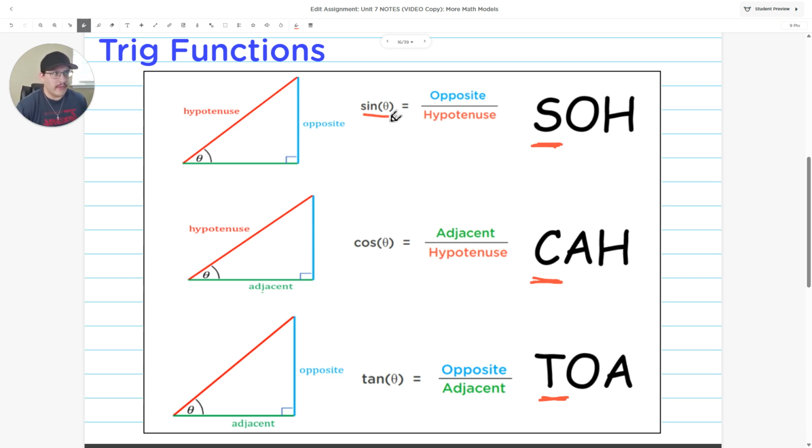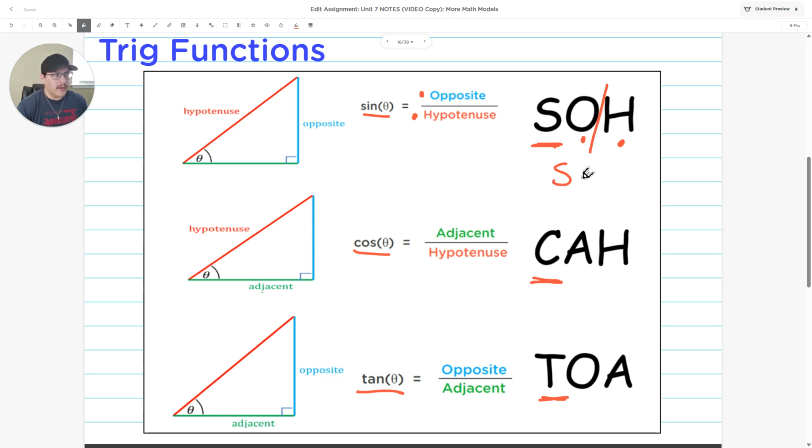So S represents sine, C represents cosine, and T represents tangent. For sine, we're going to be using the opposite divided by the hypotenuse. So sometimes you may want to put a division symbol to kind of help you with memorizing. But SOH represents sine, opposite divided by hypotenuse.